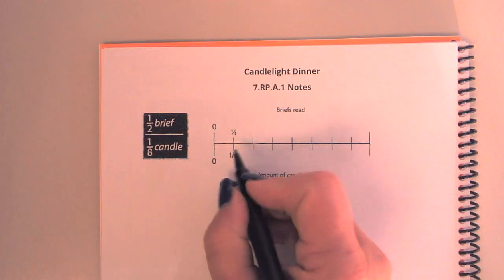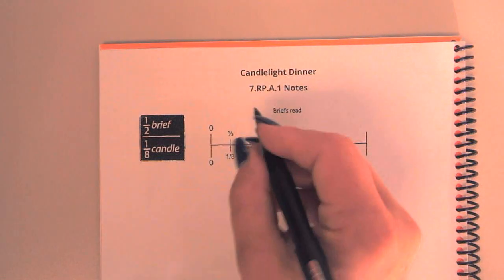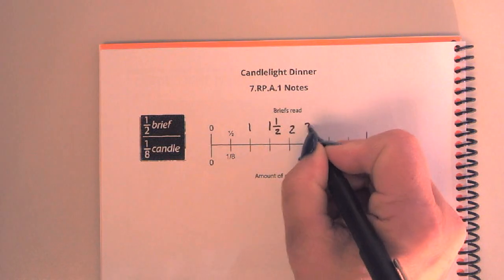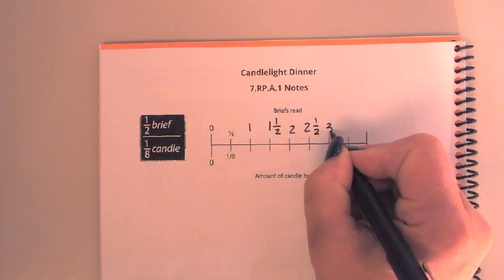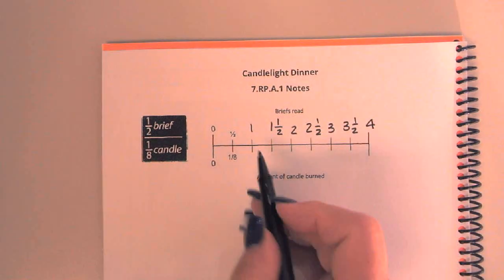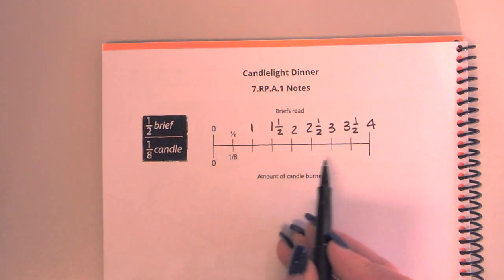So the briefs read was a half, and each of these little tick marks is going to be another half. So I would have 1, 1.5, 2, 2.5 briefs, 3, 3.5 briefs, and 4 briefs. And every time it increased by half of a brief, an eighth of a candle would burn.